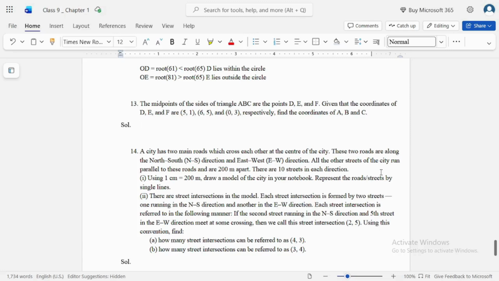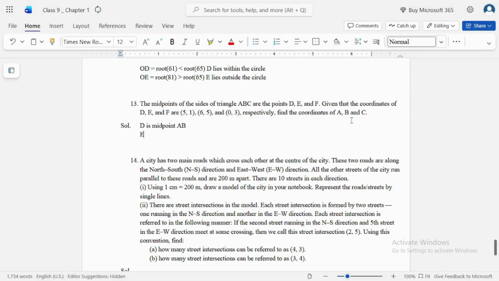Okay, now coming to question number 13. It says the midpoints of the sides of triangle ABC are the points D, E, F. Given that the coordinates of D, E, F are these respectively, find the coordinates of ABC. Okay, so let's say D is midpoint of AB. Similarly, E is midpoint of BC.